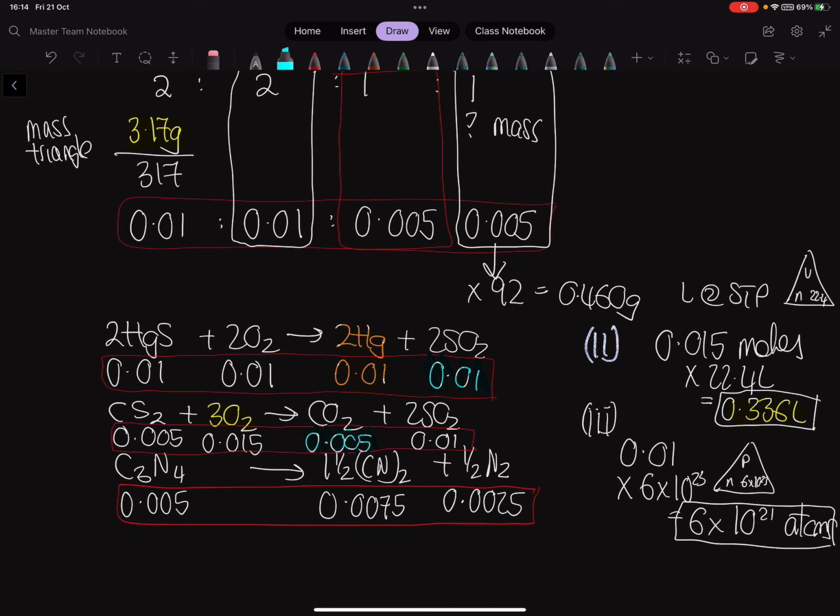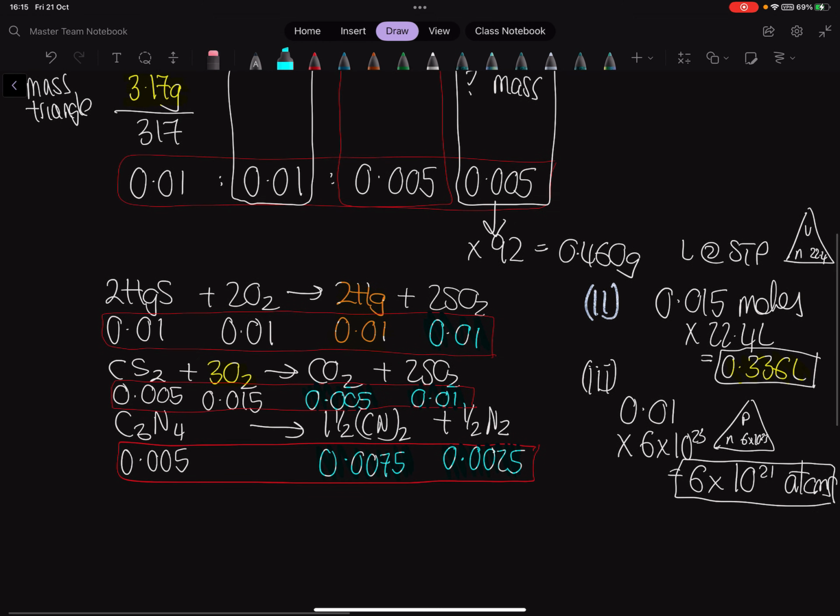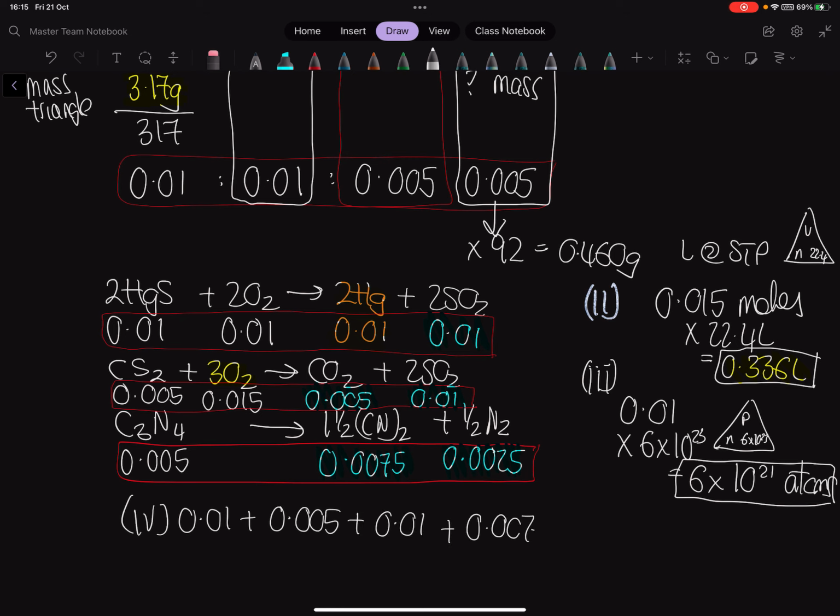I'm interested in the 0.005 for the CO2, the 0.01 for my sulfur dioxide, my 0.0075 for my carbon nitride and dicarbon nitride, and 0.0025 for nitrogen gas. And all I'm going to do for this last part is add them all up together. So 0.01 plus 0.005 plus 0.01 plus 0.0075 plus 0.0025.